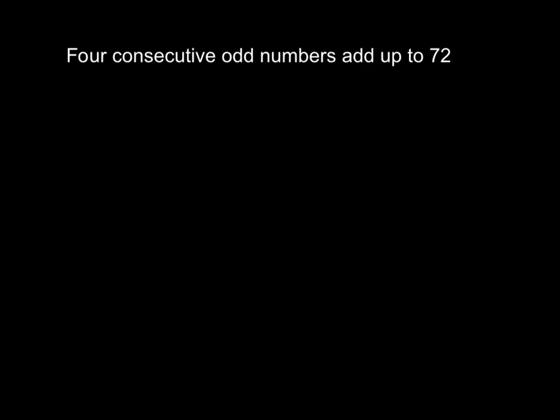The last type of problem we're going to look at in this video are the consecutive odd numbers. Now, just like even numbers, odd numbers go up by 2's. Don't be confused that we're going up by 2's. Odd numbers still have 2 in between each of them. So the first number in this example is x. The second one is x plus 2.